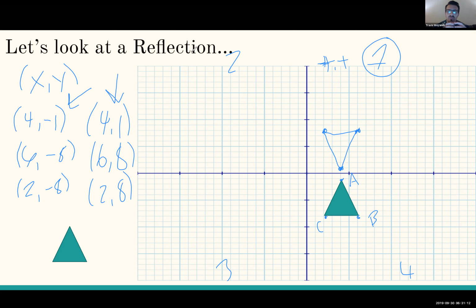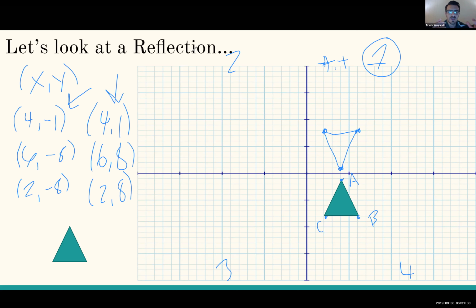Then, using the knowledge of what signs fall in each quadrant, so 1 is plus plus, 2 is negative plus, 3 is both negative, we can make a new set of coordinates and change the signs based off of where it's going to be reflected into.